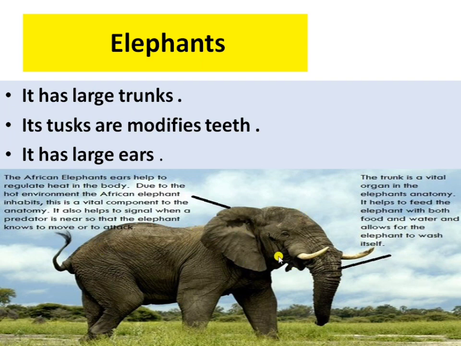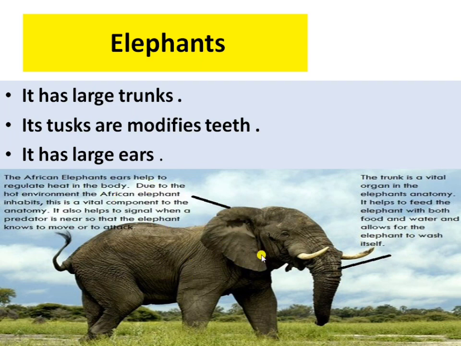As you can see in this picture, the trunk is a vital organ in the elephant anatomy. It helps to feed the elephant with both food and water, and it helps it wash itself. This is an African elephant.